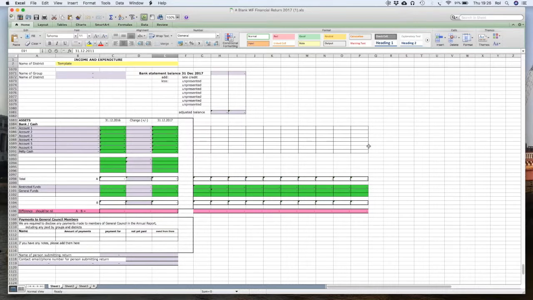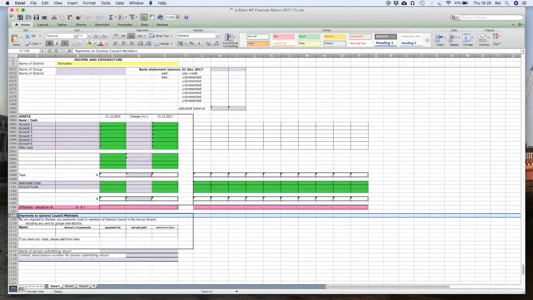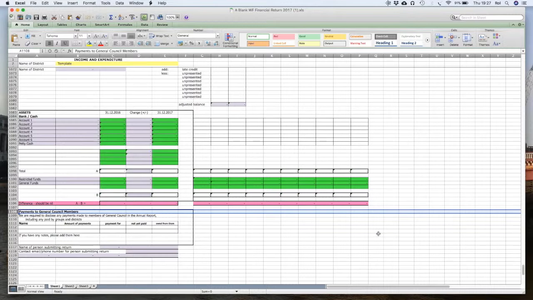While we're at the bottom here, just look at line 1108, since we've got it on the screen. Payments to General Council members. Occasionally, a district will have a General Council member in their number, and some expenses will have been paid for them. We need you to tell us about that, because the auditors need to know that we've accounted for all payments to trustees. It's not a problem if you've paid their expenses for some reason, but we just need to know.